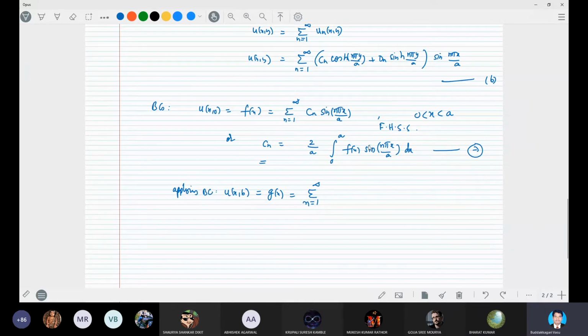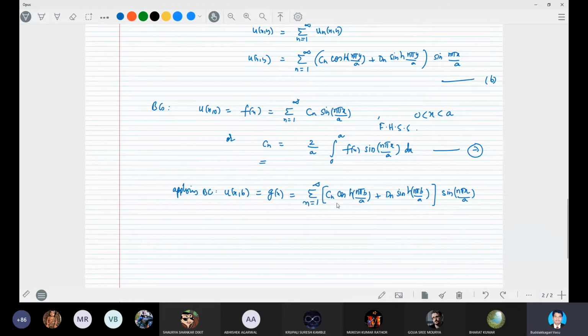Here put y equal to b, resulting in Cn cosh(n pi b / a) plus Dn sinh(n pi b / a), into sin(n pi x / a).